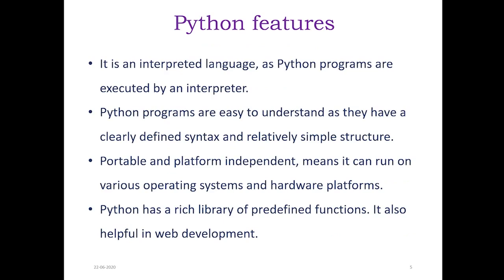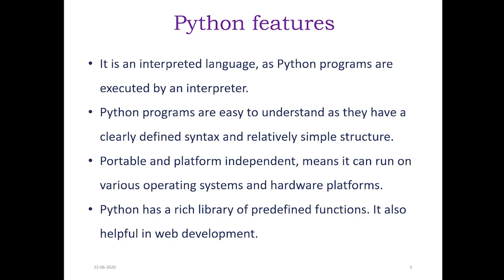And what are the different features of Python programming? Python is an interpreted language. So the code is executed line by line, as Python programs are executed by the interpreter. Python programs are easy to understand as they have a clearly defined simple syntax and relatively simple structure.